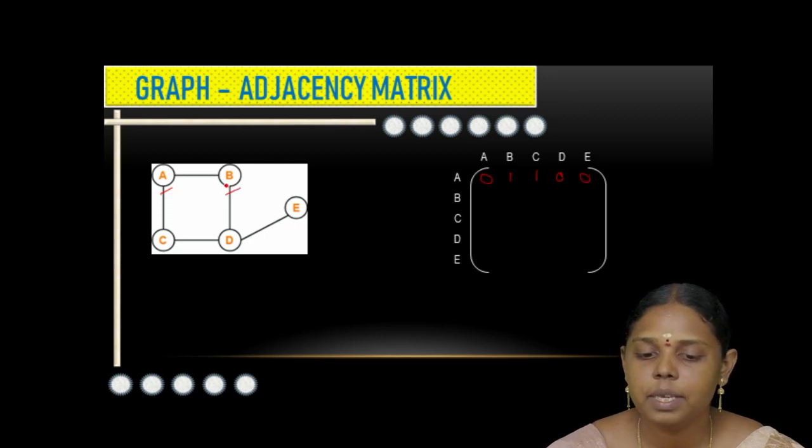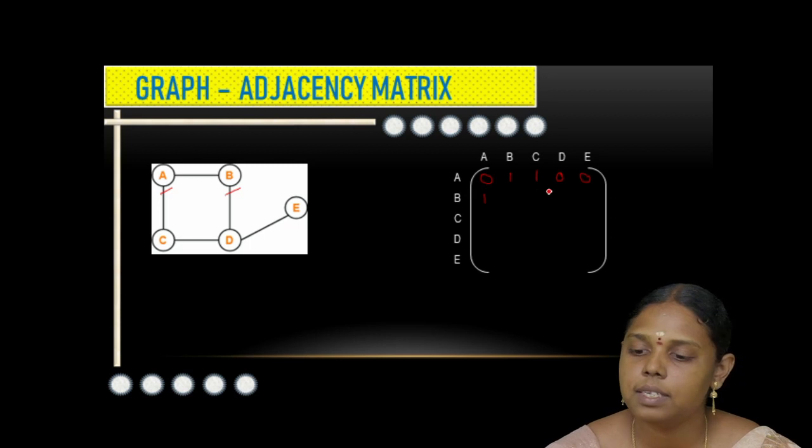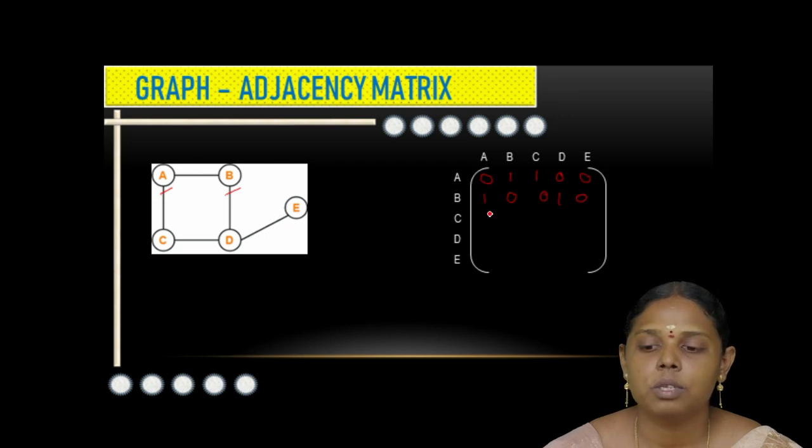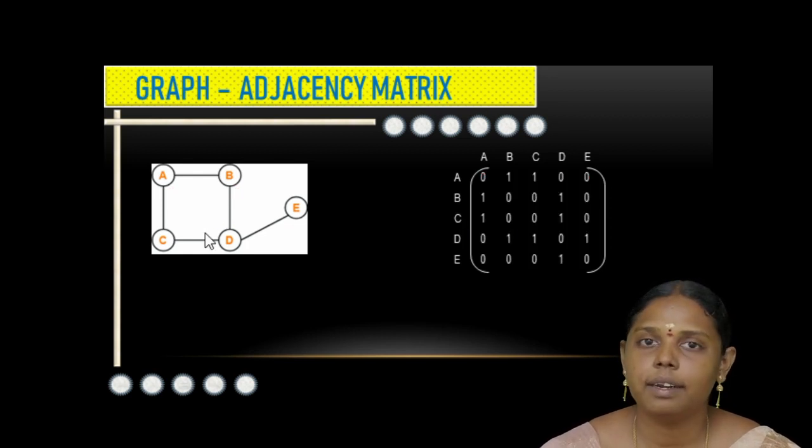Similarly, the vertex B is adjacent to vertex A and vertex D. So in the second row, the entry in the first column as well as the entry in the fourth column will be 1, and the remaining entries will be 0. So similarly, for all the other columns or rows also we can find, and the corresponding adjacency matrix is a 5 cross 5 matrix.